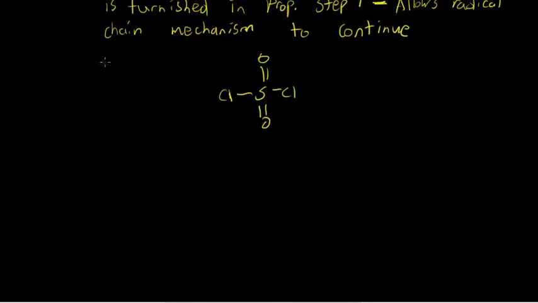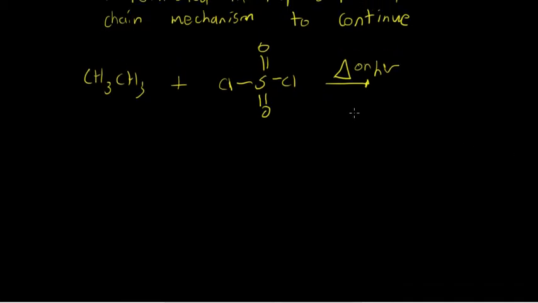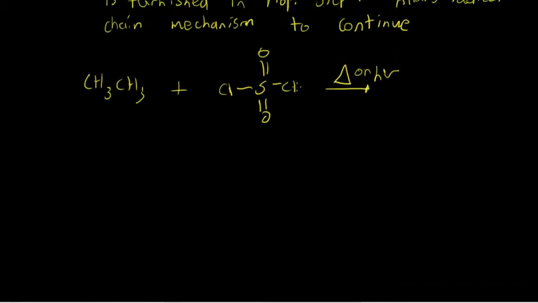Okay, so what we're going to be taking a look at is the reaction of ethane with sulfonyl chloride. And let's say you have heat or radiation, UV radiation, or h nu. So what happens? So you might look at this and be confused for a second if you haven't seen this before. But if you pause and think for a moment, you'll realize that this sulfonyl chloride is a source of Cl radical.